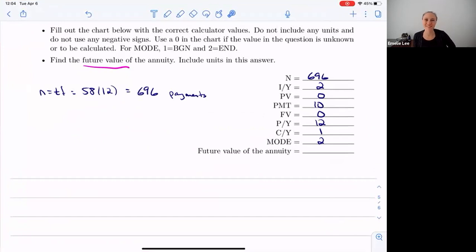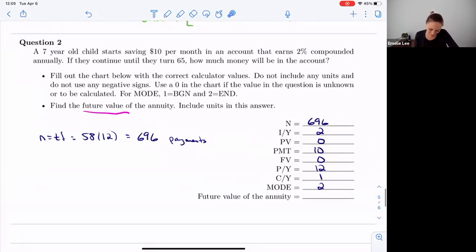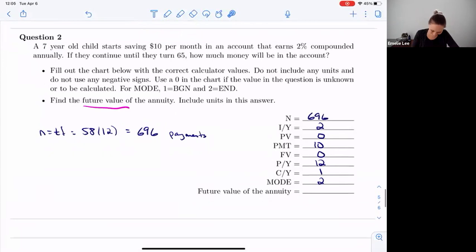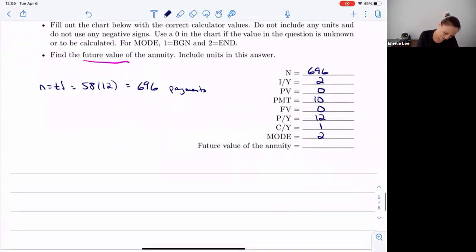I was pretty disappointed when I saw that. 13,000. He saved from the age of 7 till he was 65, or they, I guess. I did a gender neutral question. We have to include units for the final answer, right? So don't forget that. 13,039 and 77 pennies.